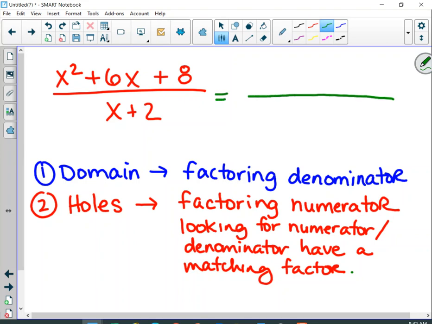All right. So we didn't really have to factor the denominator to get the domain of this problem, but we are going to have to factor the numerator in our procedure of looking for a hole. So I will leave the denominator just sitting there. I didn't have to factor anything on that one because it was just a linear function.